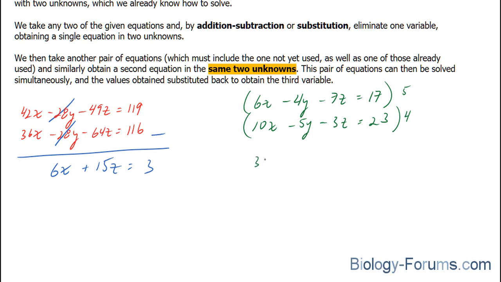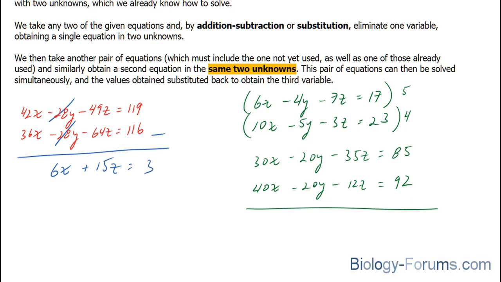That will ensure that the y's are the same. 30x minus 20y minus 35z, and 17 times 5 is equal to 85. Next, 40x minus 20y minus 12z, and 23 times 4 is equal to 92.